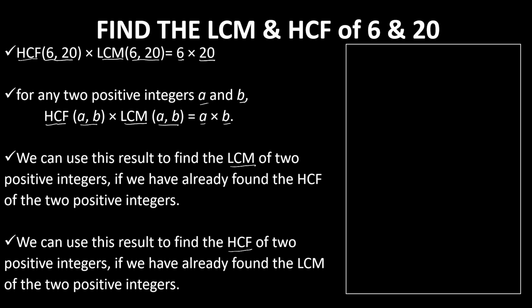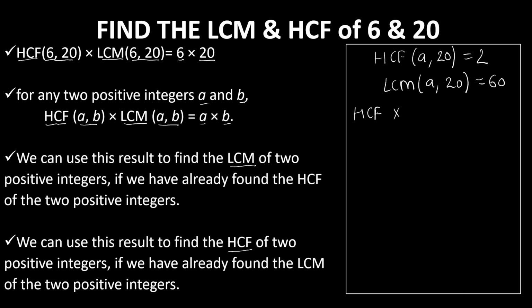So, for example, if you have been given in the question that highest common factor of two numbers a and, let's say, 20 is equal to 2 and lowest common multiple of a and 20 is equal to 60, then you can easily find out the other number a by using this statement that highest common factor multiplied with lowest common multiple of a and 20 will be equal to the product of a with 20.